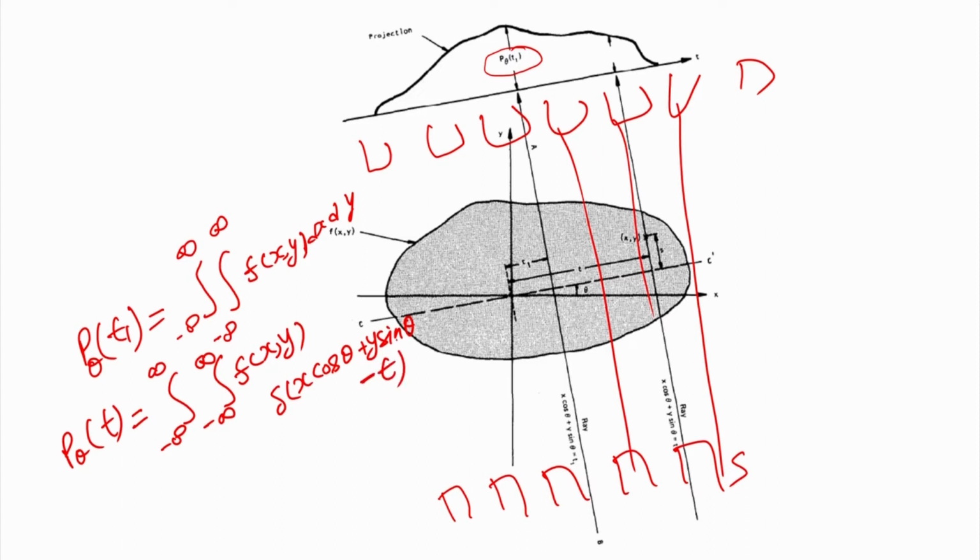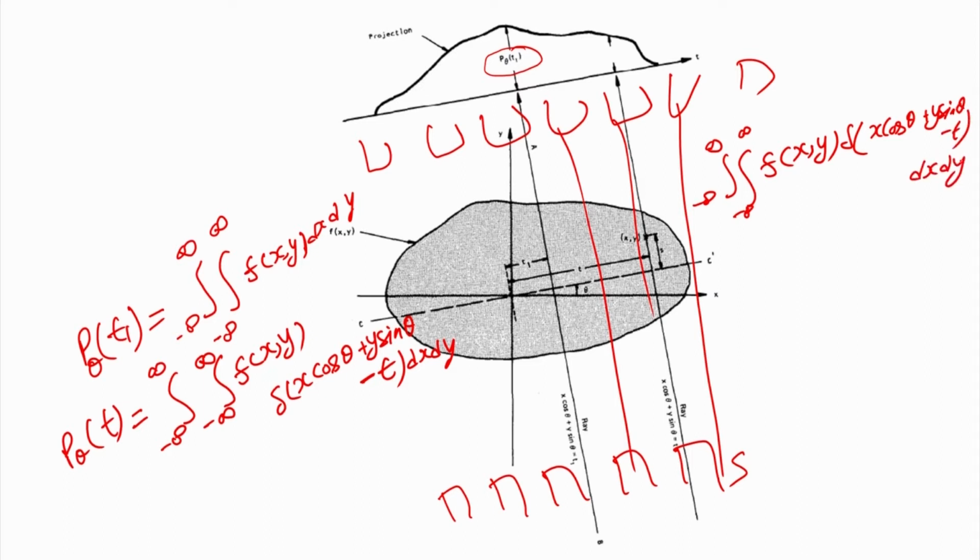Okay. So, I will get the projection value for this straight line, and that is going to be a function of x and y.